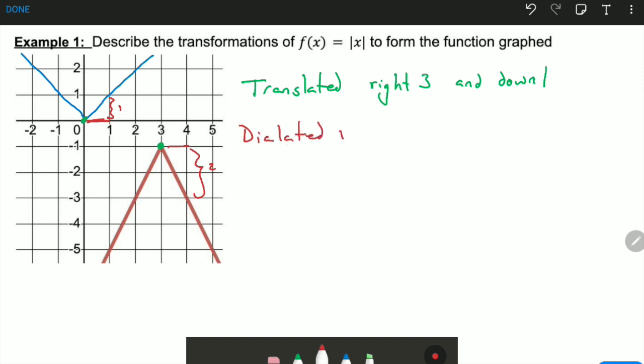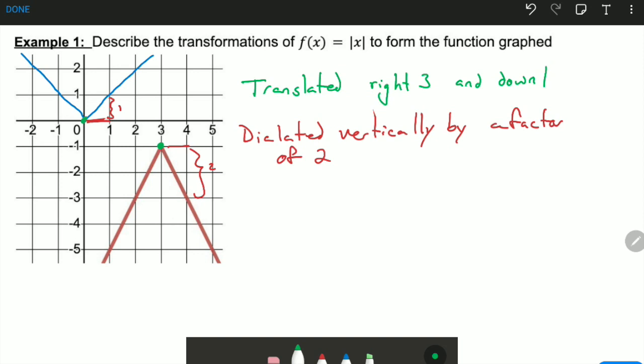So this is dilated vertically by a factor of 2. Now, because I'm also going down, that tells me something in addition to that.